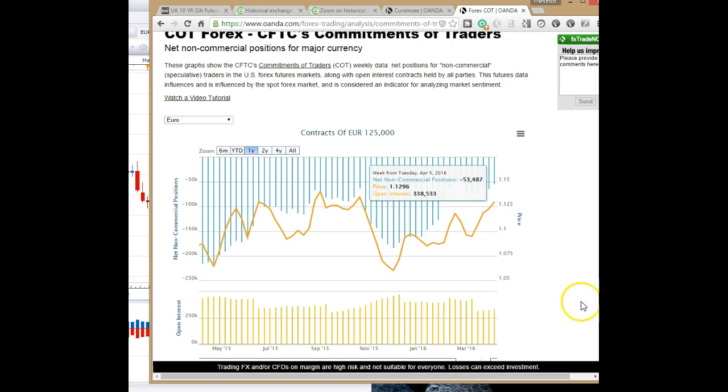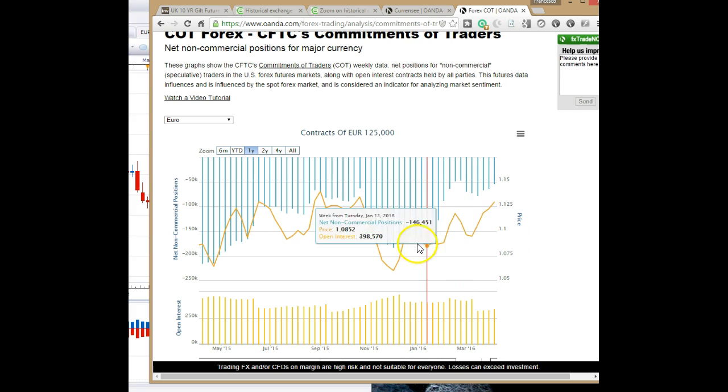As you can see, it's a sort of game of catch-22 between the speculators and the euro. Now, which moves which? Well, obviously, banks, commercial enterprises like banks, they have large pockets, so they move markets. But speculators also provide a lot of liquidity. Certainly, they move the markets to a lesser extent.